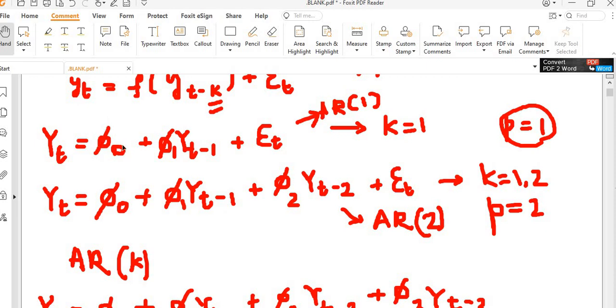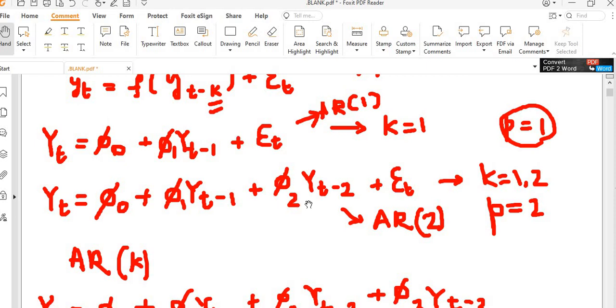That means it's an essential component that does not depend on time. So there will always be one component of y t which is phi naught, irrespective of what the time be. Today, tomorrow, the day after tomorrow, 2 years after tomorrow, there will still be that phi naught component. Phi 1, on the other hand, gives a constant fraction that depends on the one time period lag value for that particular variable.